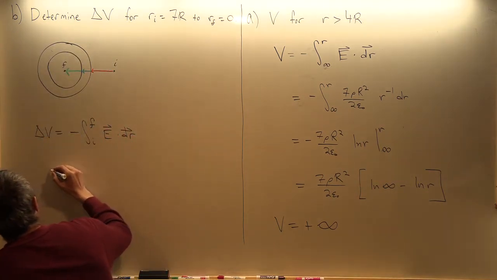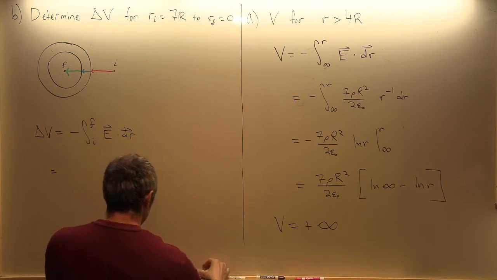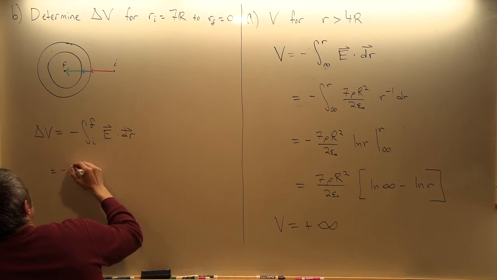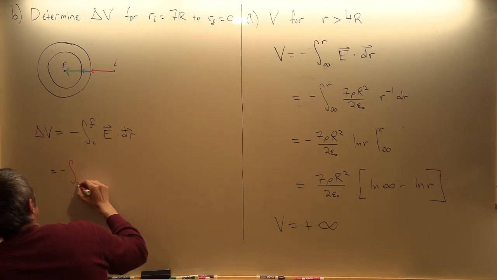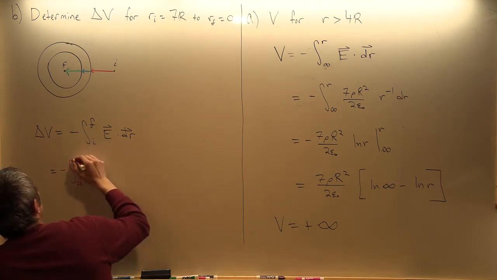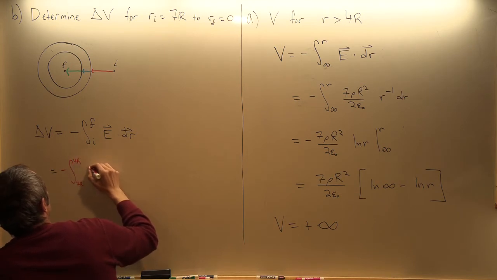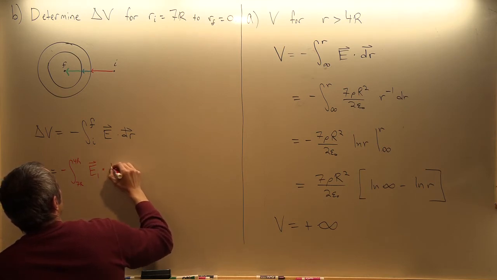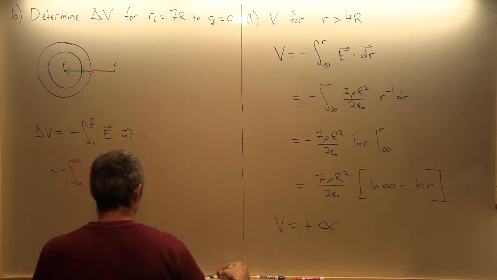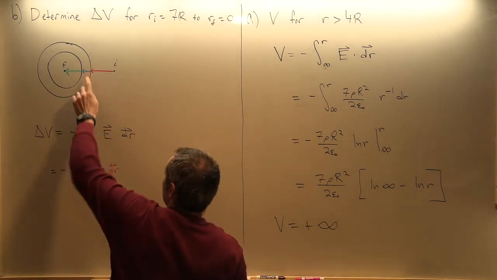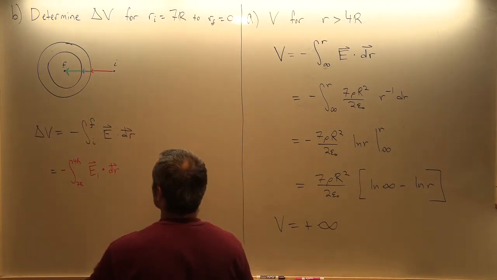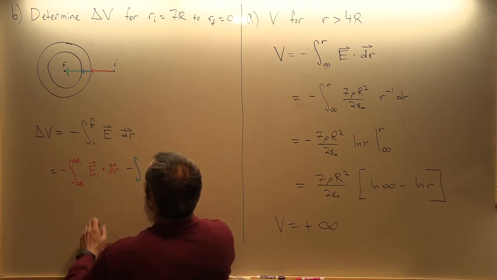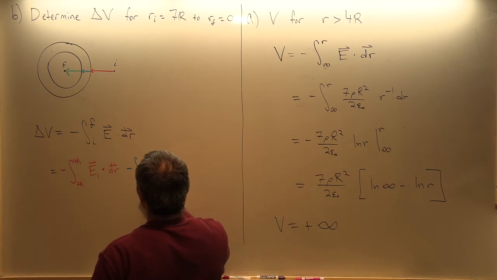Expressed mathematically, we could say this, that we start with this. It'll be minus the integral from 7R to 4R of E1 dot dr. Then that integral from 4R to 3R.